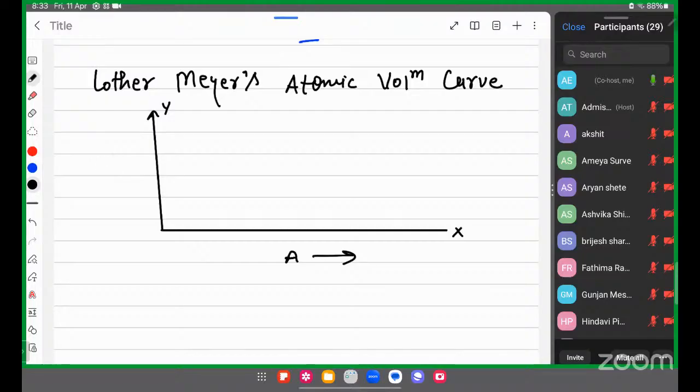In some books, it is taken as density of the element. And then there will be a curve plotted which goes like this. And this curve has certain elements nearby each other, which indicates that these elements have similar properties. This was the classification of Lothar-Meyer.